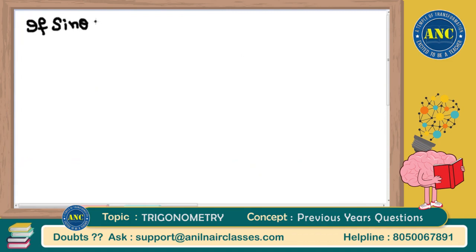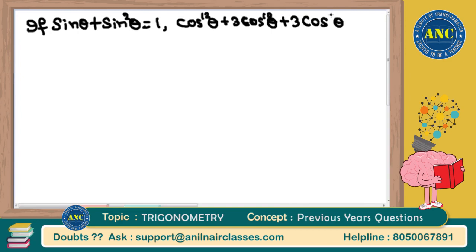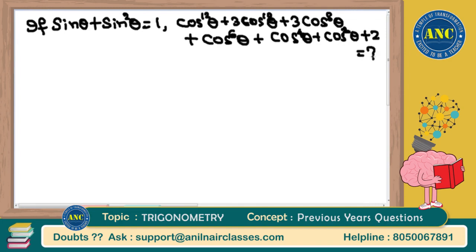If sine theta plus sine square theta is equal to 1, find the value of cos theta to the power of 12 plus 3 cos theta to the power of 10 plus 3 cos theta to the power of 8 plus cos theta to the power of 6 plus cos theta to the power of 4 plus cos square theta plus 2. This is what I need to find. Find this value is the question.